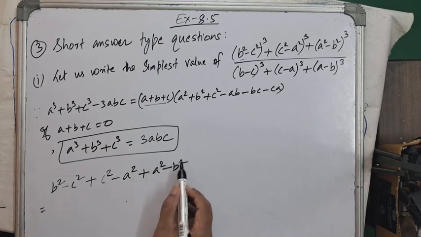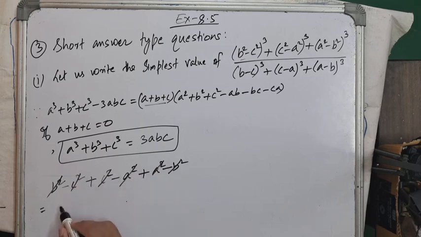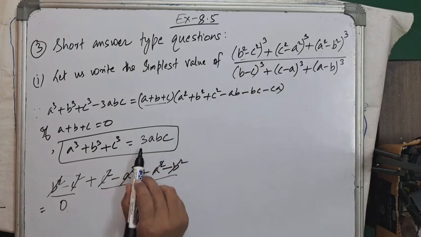So we have minus b² and plus b², which is 0, plus a² minus a² cancels out, plus c² minus c² is 0. So we got a + b + c equal to 0, which means this whole thing is 3abc.